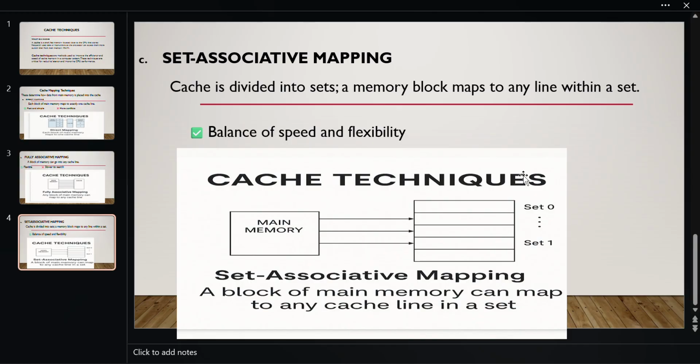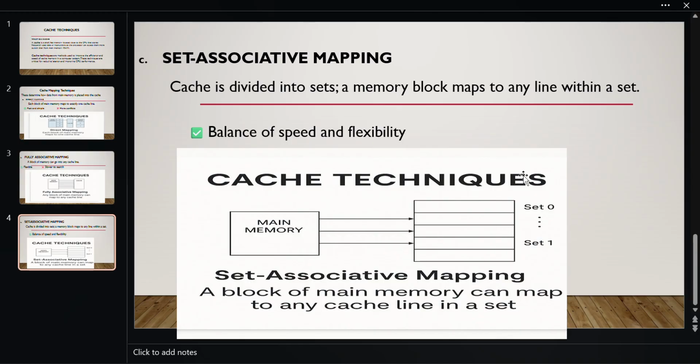Under it, we have least recently used, which removes the least recently accessed block. We also have first in, first out, which removes the oldest block in the cache. And we have random, which randomly removes a block.